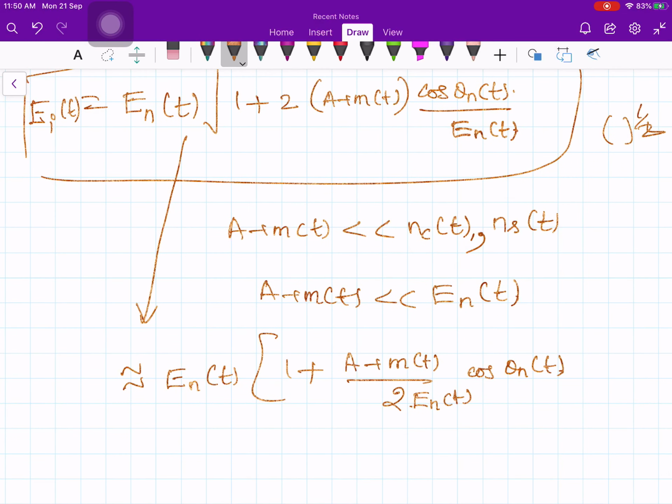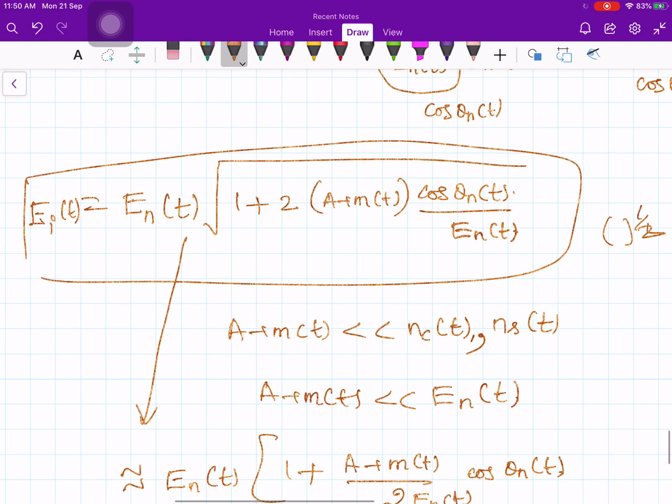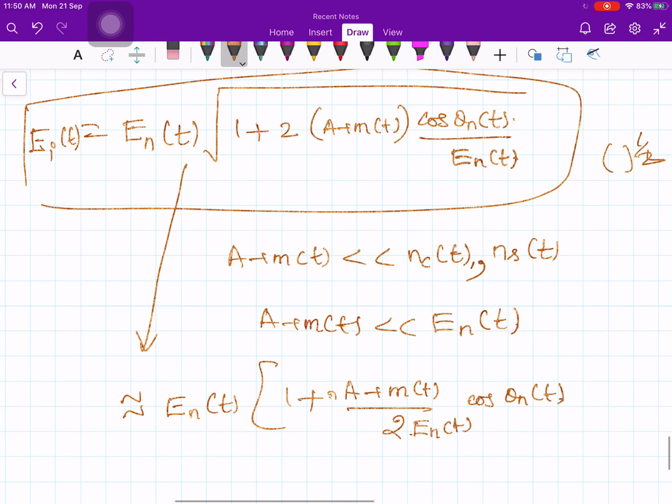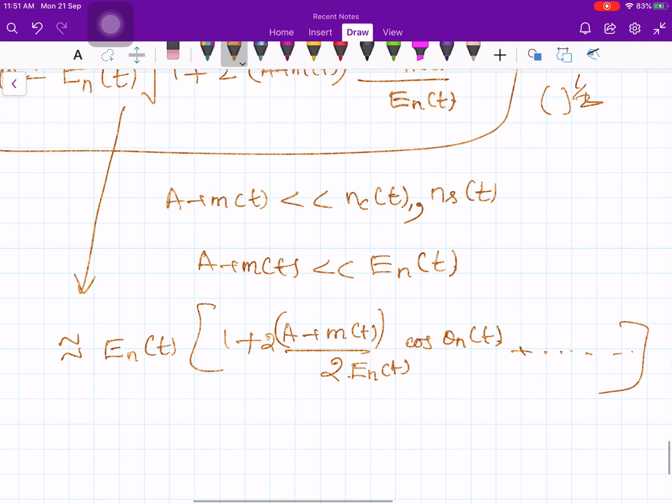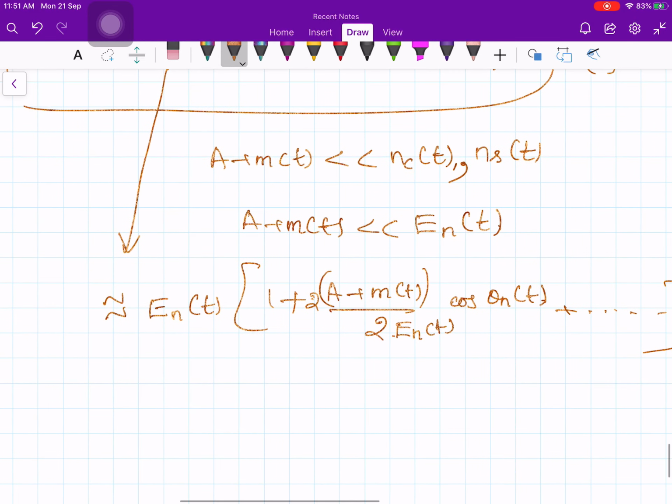Already I have 2 here, the 2 let me put here. So the 2 will get cancelled, plus you have many terms, it goes up to an infinite series, so I am not considering those higher order terms. So this is equal to En of t; multiplying inside, this 2 and that 2 will get cancelled, and this En of t and that En of t will get cancelled. So I am writing the final answer.